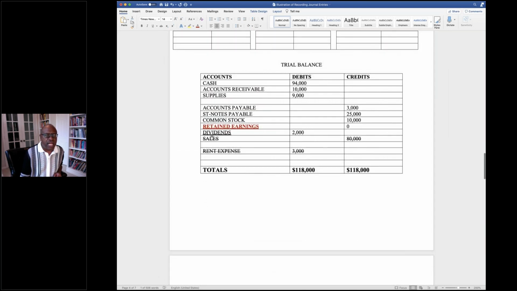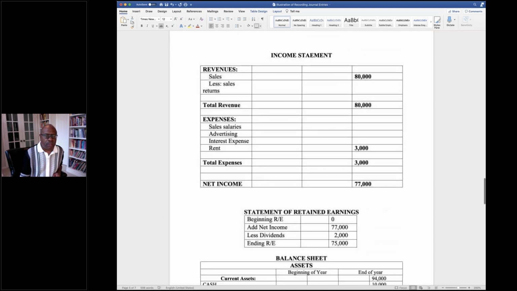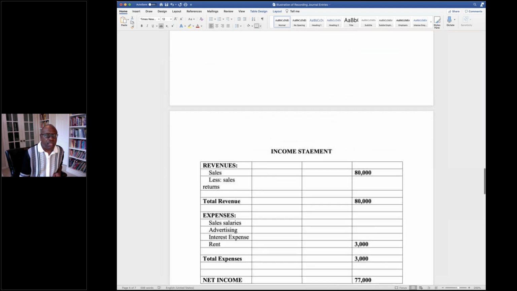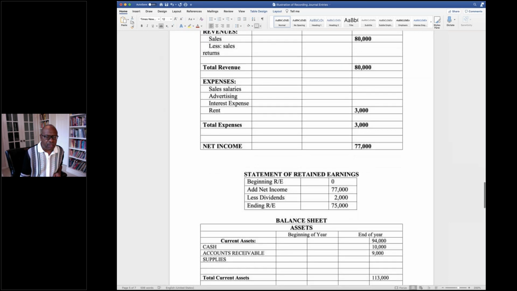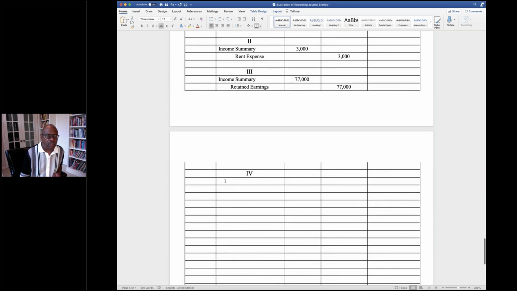And the dividends has a $2,000 balance. And so we're going to scratch it. And then with this 2,000, we'll make our final closing entry 4.